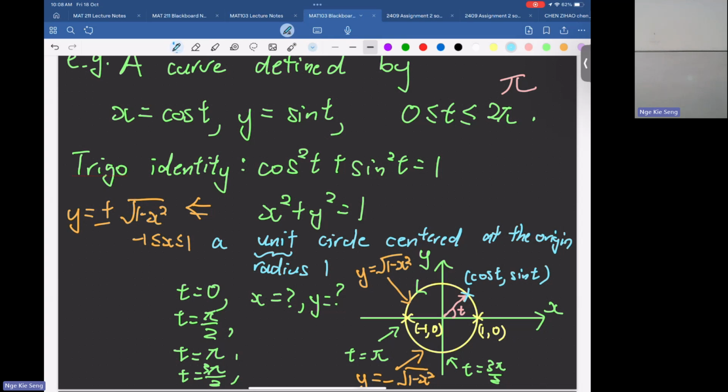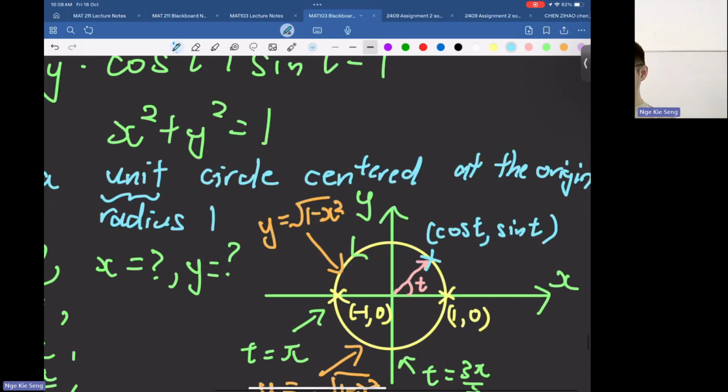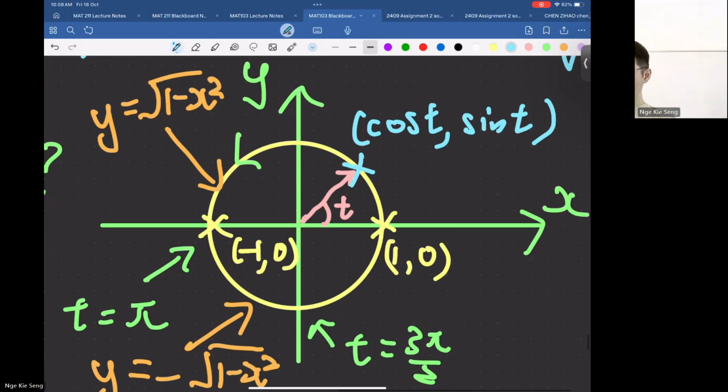So what does adjacent over hypotenuse mean? Meaning there's a right angle triangle. So where's the right angle triangle? Can you find the right angle triangle here? Actually it is this right angle triangle. So there's an adjacent, a hypotenuse, and an opposite.